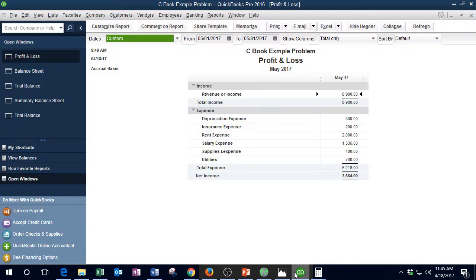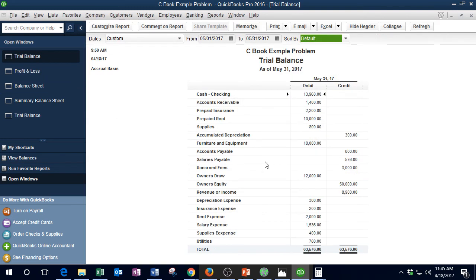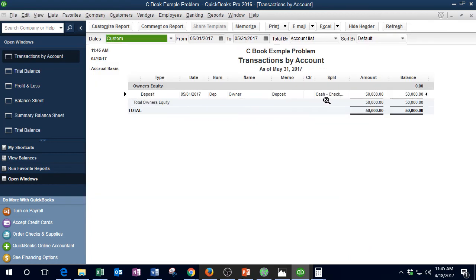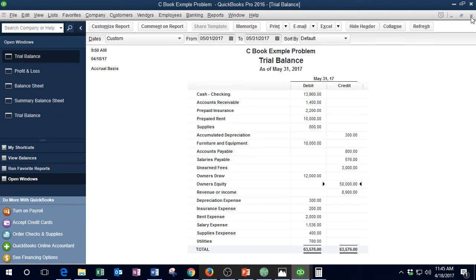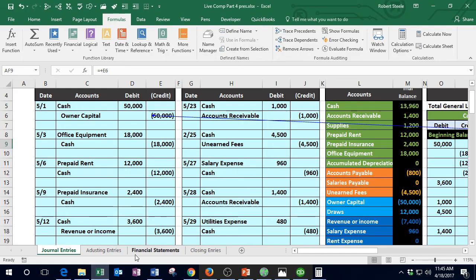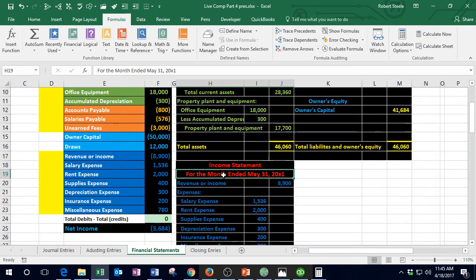In terms of QuickBooks, we can also drill down on the equity number. If we go to the trial balance and we're drilling down on the equity, that 50, we can then see that transaction and drill down on that transaction and say what happened there. And so those are some ways that we have to go back into the data and figure out what is going on. Okay, tangent.